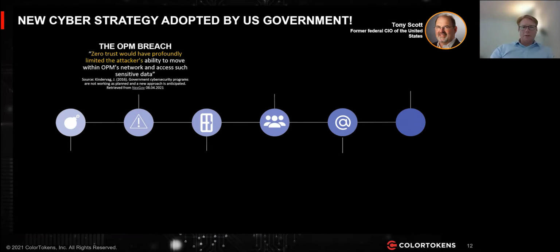The relevance of this is very high. I just want to take a few examples, provided attention from Tony to this. There was the OPM breach, the Office of Personnel Management, that had a breach, still something that has effects today.